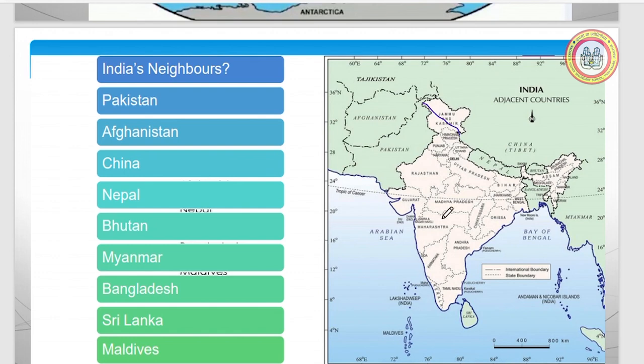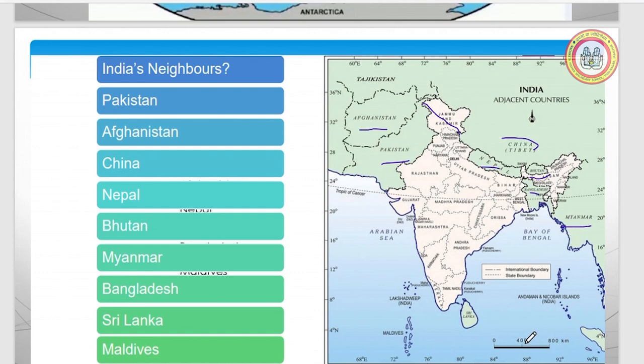India shares its land boundaries with Pakistan and Afghanistan in the northwest, China, Nepal and Bhutan in the north, and Myanmar and Bangladesh in the east.